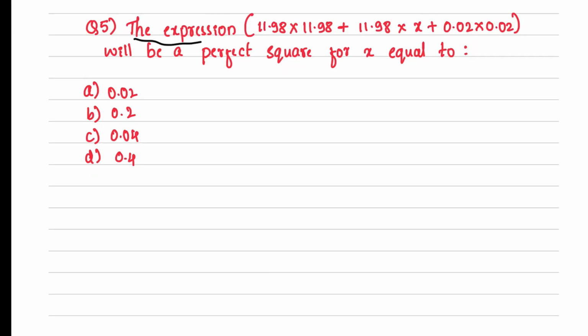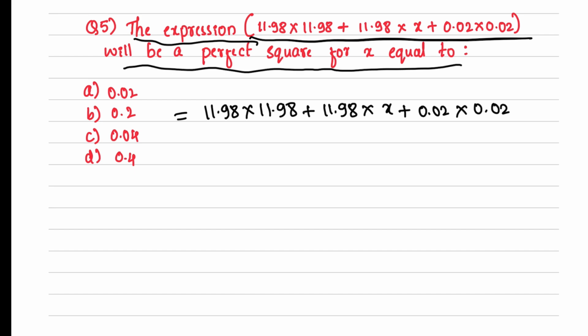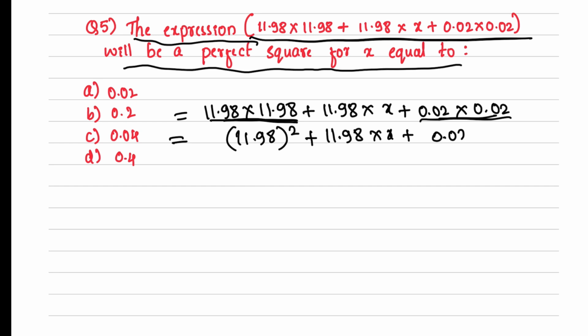See the fifth question. The expression, this one, will be a perfect square for x equal to. See, first let me write the expression. 11.98 into 11.98 plus 11.98 into x plus 0.02 into 0.02. See, you can see here this is a square. 11.98 whole square plus 11.98 into x plus this is also square, 0.02 whole square.